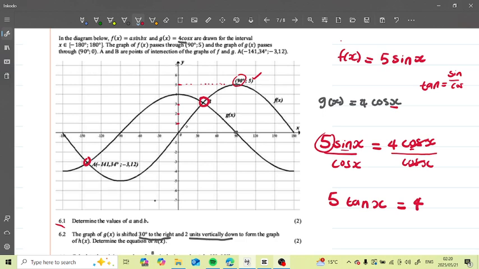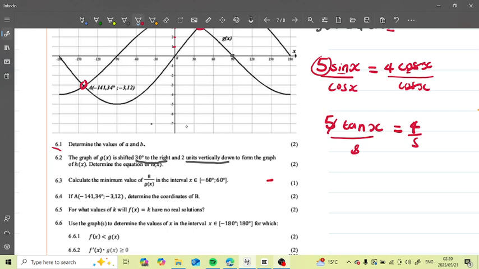I am left with 4 on the other side. So I'm gonna divide both sides by 5 to get rid of this 5, which is multiplying here. So as a result, my tan of x is gonna be equal to 4 over 5. Now, I'm solving for my x. I'm gonna take my tan to the other side. So x is gonna be equal to the inverse tan of 4 over 5.